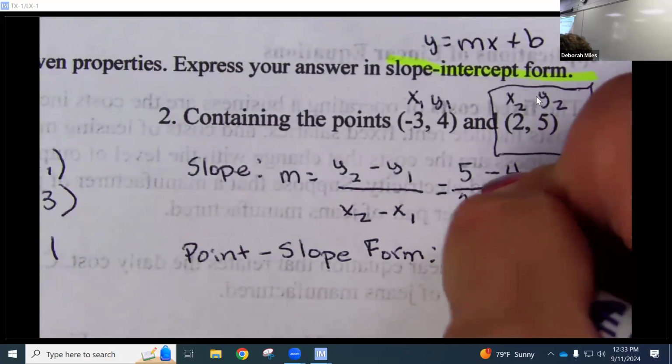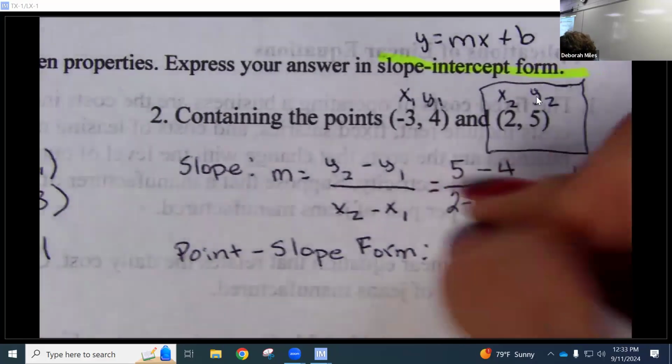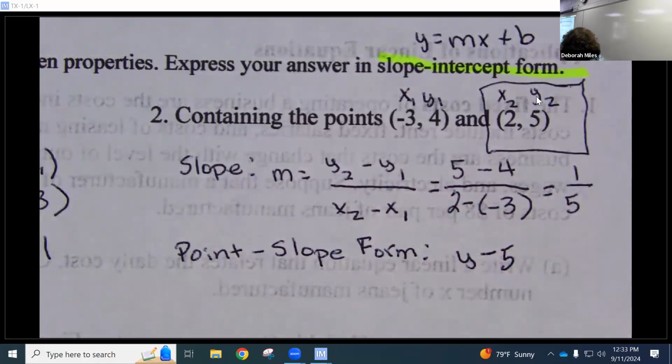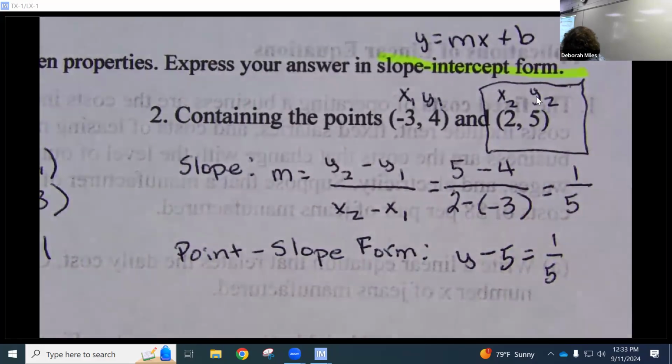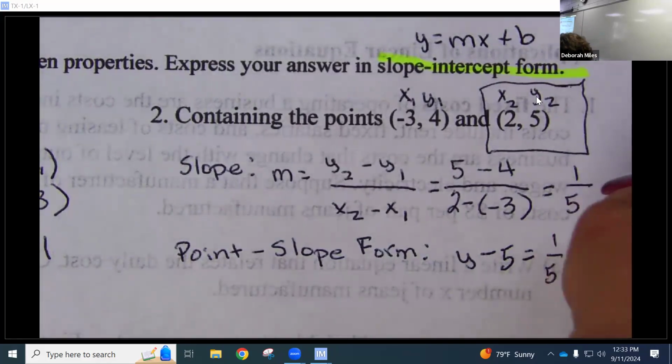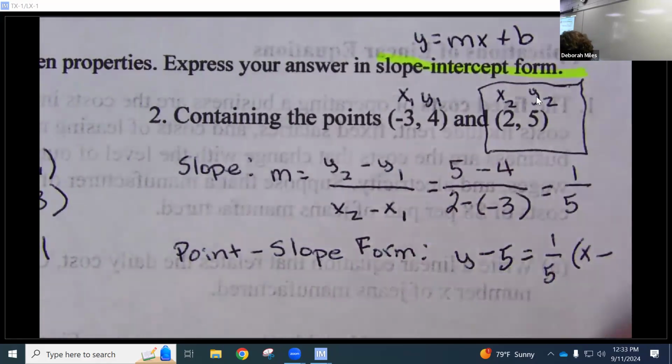y minus the y you gave me equals m, which is my slope, times x minus the x that you gave me.